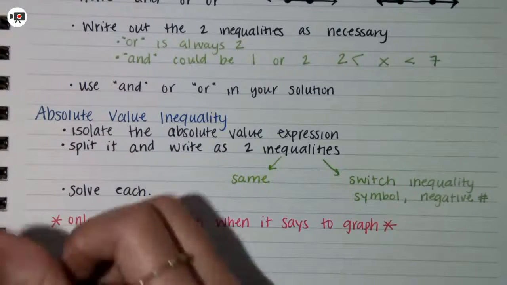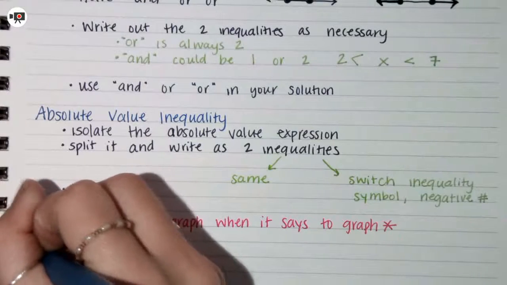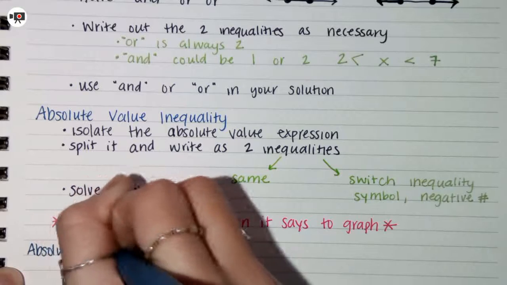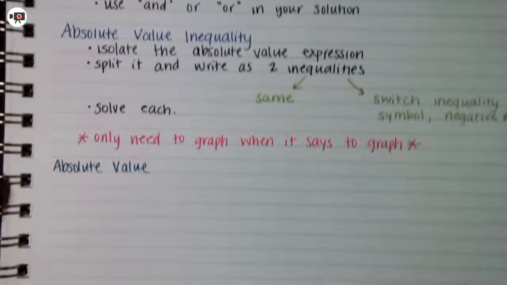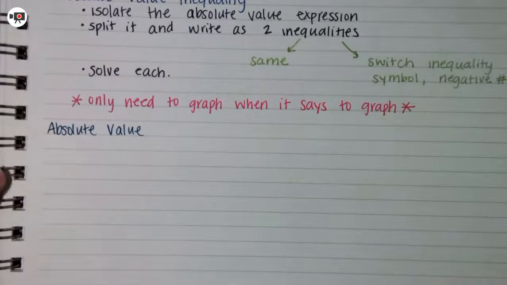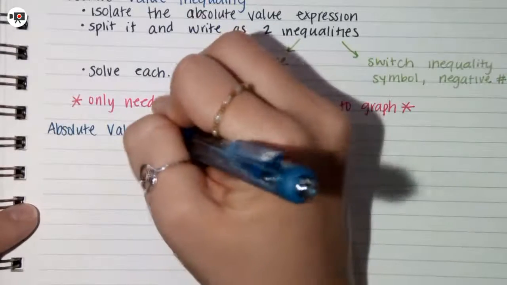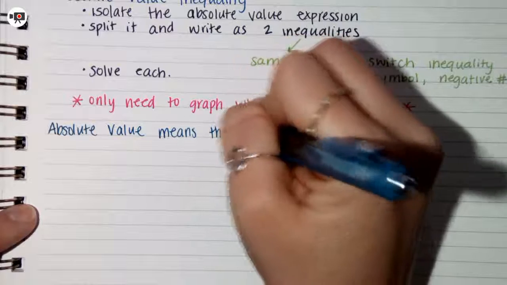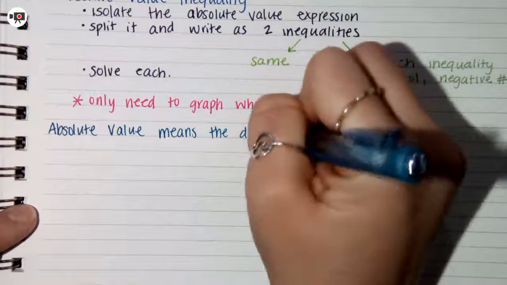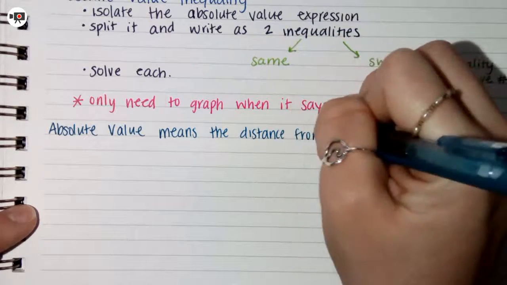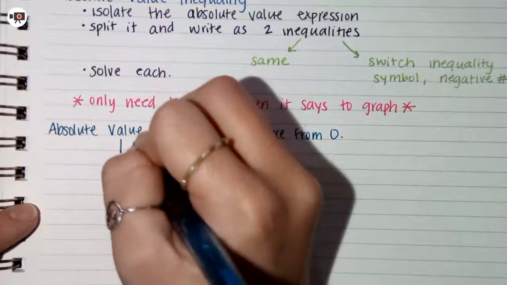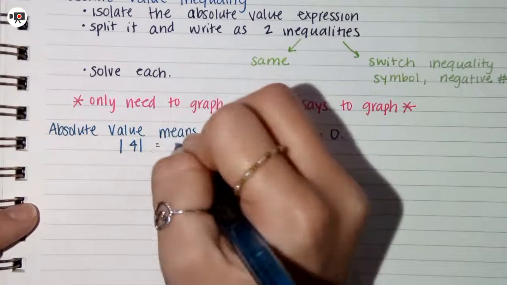So, absolute value means the distance from 0. The absolute value of 4 is 4.